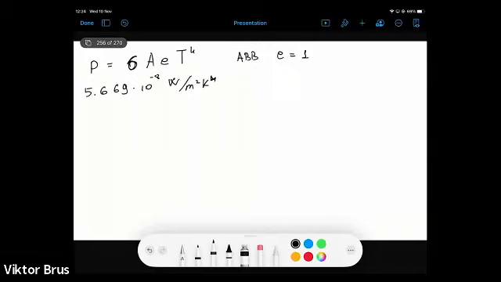That's our main goal for today, and we need to consider certain conditions which we will stick to while we derive our equations.